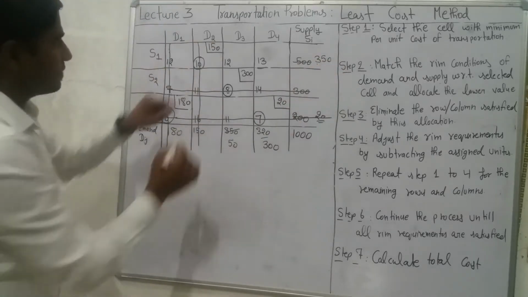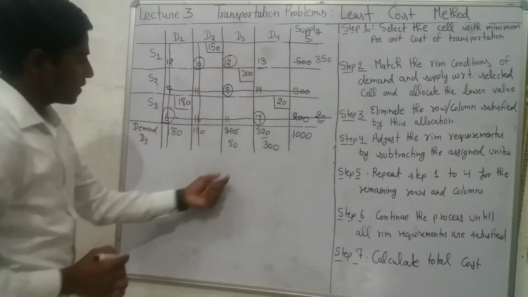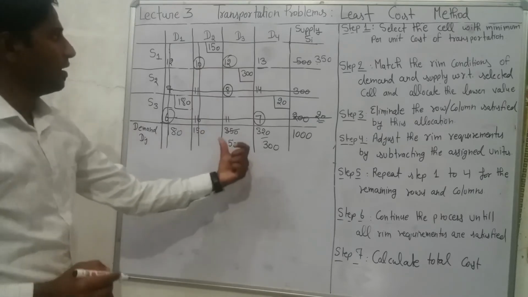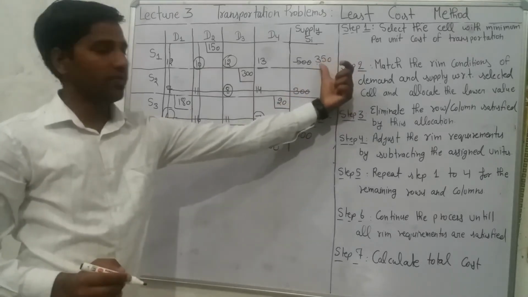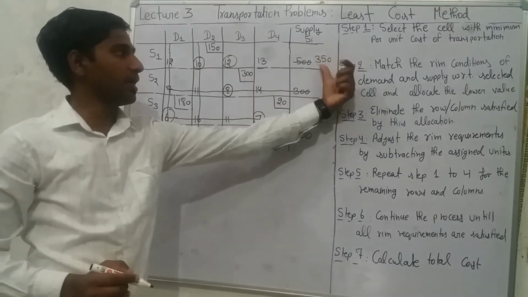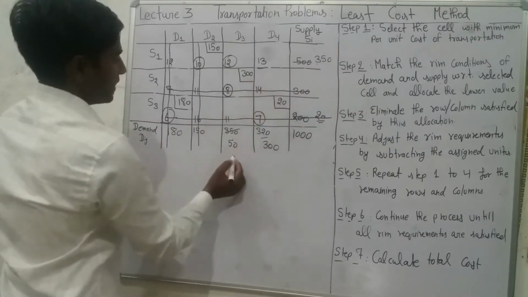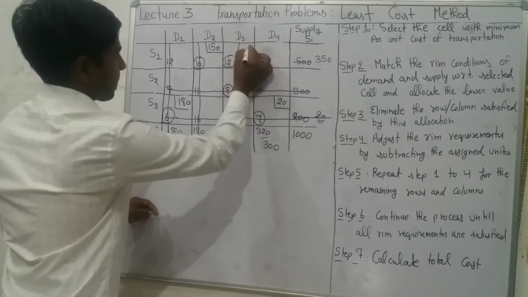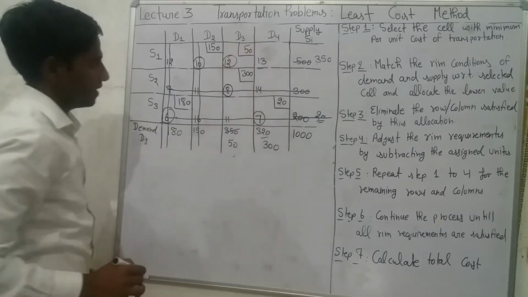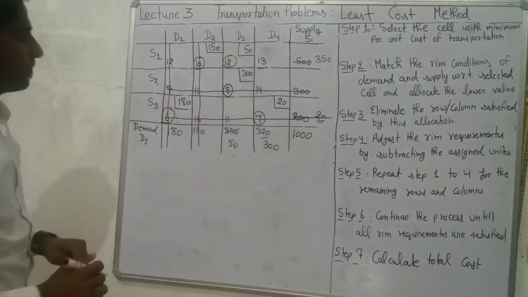So for this particular cell, the quantity demanded is 50 units and the availability of supply is 350 units. So allocate the lower value, that is 50. 50 units are allocated in this cell.